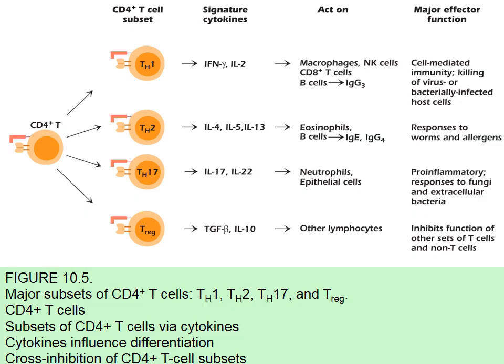Now, let's see what are the major subsets that CD4 T cells can become after being activated. Now remember, there are many different ways for us to categorize this CD4 T cell. We can categorize based upon the surface expression of markers. We can also categorize them based upon the cytokines that they secrete, and by the effect of cytokines they take.